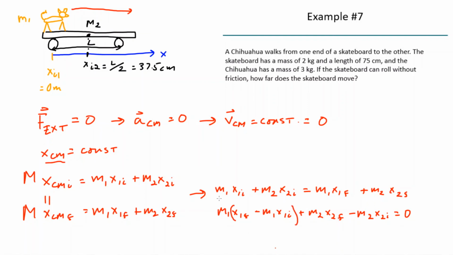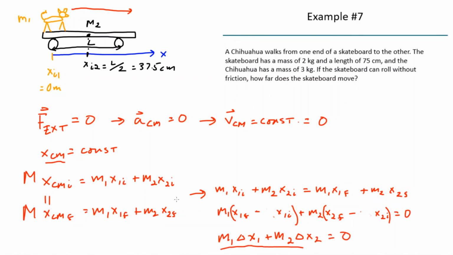So this becomes just m1 times x1 final minus x1 initial. And I can factor an m2 out of these two terms. So this becomes just m2 times x2 final minus x2 initial. Well, this is just m1 delta x1 plus m2 delta x2 equals 0.